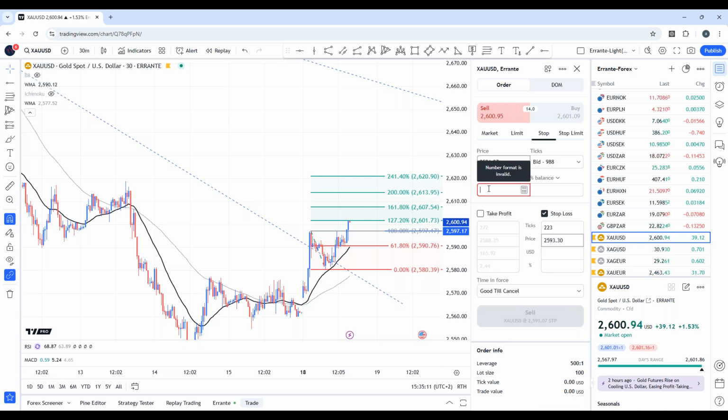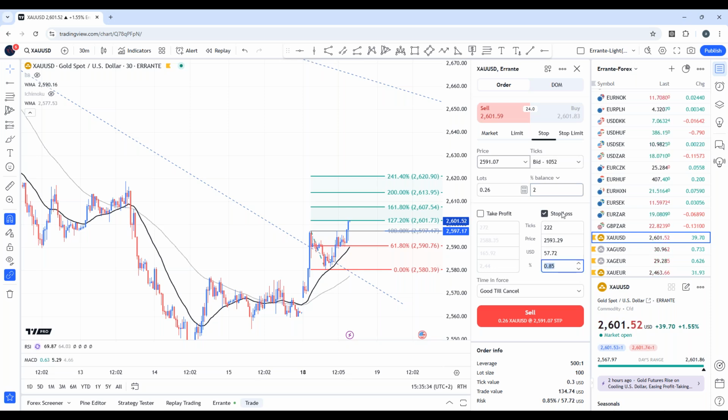But to give you a better understanding, let's say we are going to trade only 1 ounce of gold, 0.01, okay? So I can set the percentage of my balance. I'm going to risk 2%.